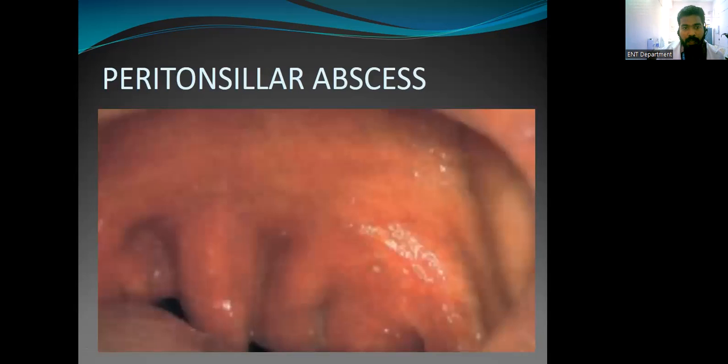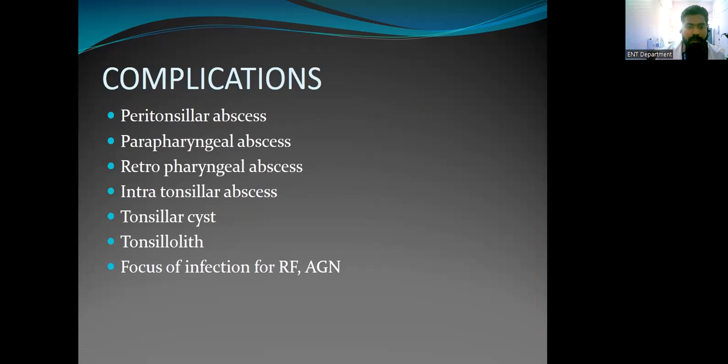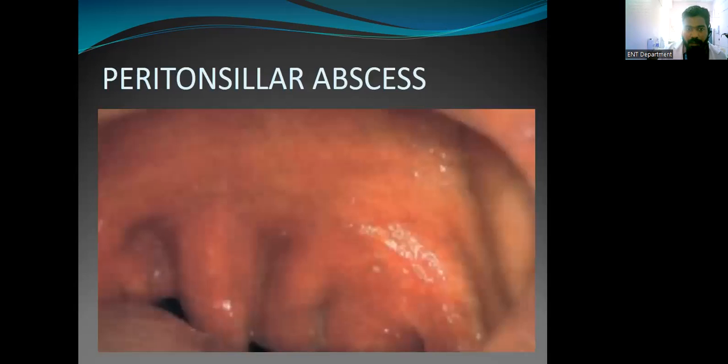Okay. And like I said, the peritonsillar abscess, which is a complication of acute tonsillitis as well as chronic tonsillitis, is nothing but a collection in the peritonsillar space. I've put this picture to show there is only one-sided enlargement of the tonsil.